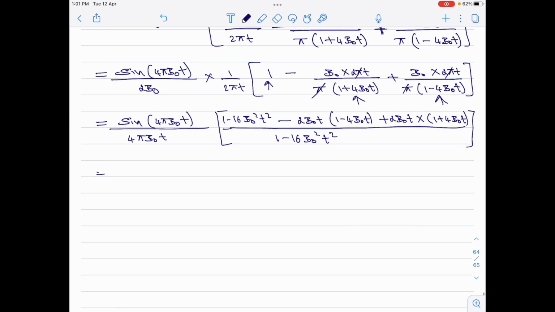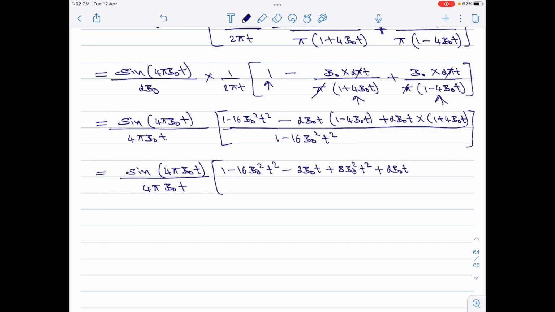So, this is equal to 1 minus 16 b naught square t square minus of 2 b naught t plus 8 b naught square t square plus 2 b naught t plus 8 b naught square t square, whole divided by 1 minus 16 b naught square t square.